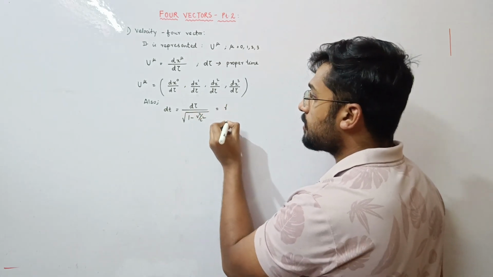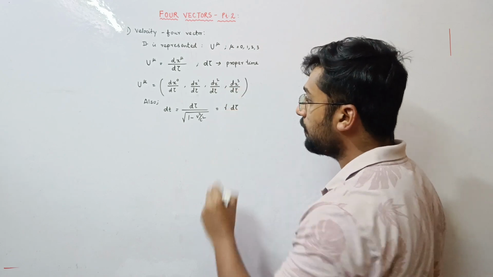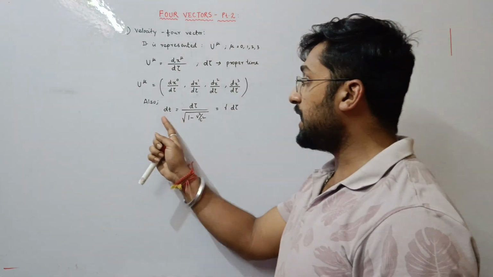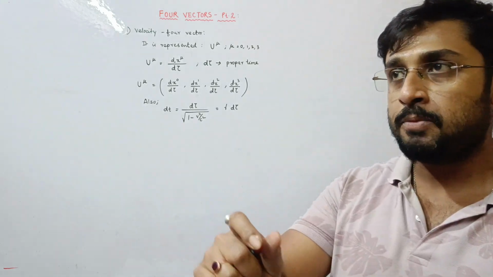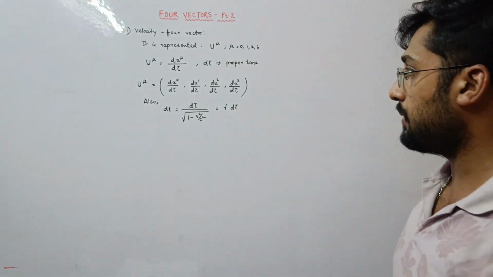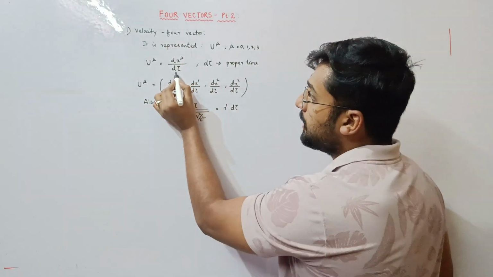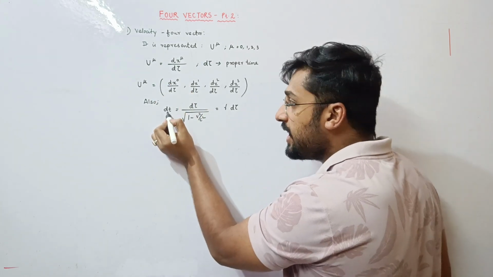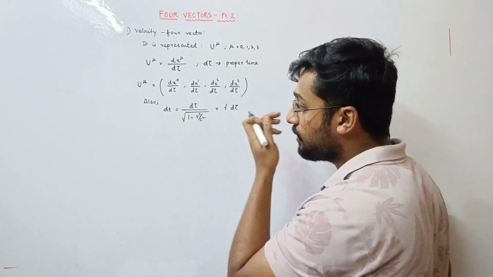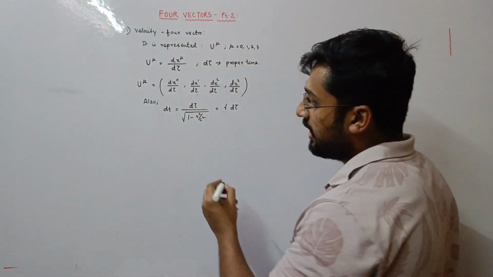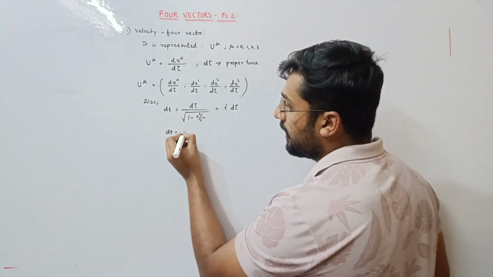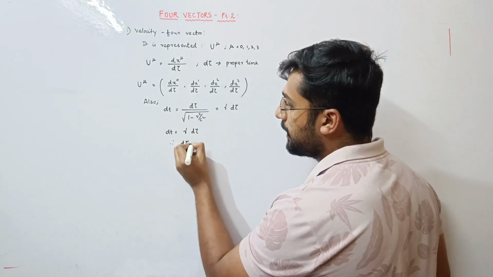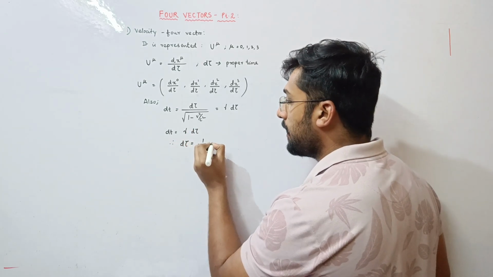This can also be written as dt = γ dτ, right? Here dτ stands for the proper time, and dt is the time with respect to the observer with whom we are calculating. dτ is not the time that is calculated by the observer; dt is the time measured by the observer. So in general I can say that we have the formula dt = γ dτ, and from this we can write dτ = (1/γ) dt.